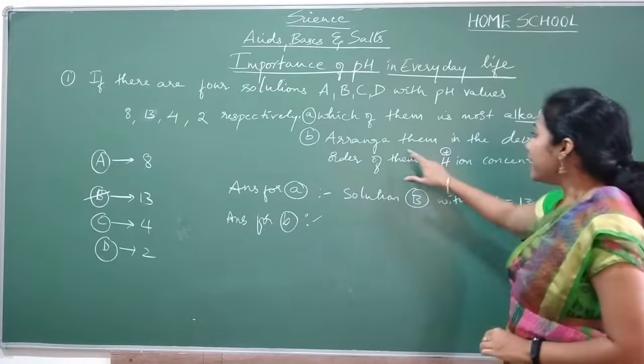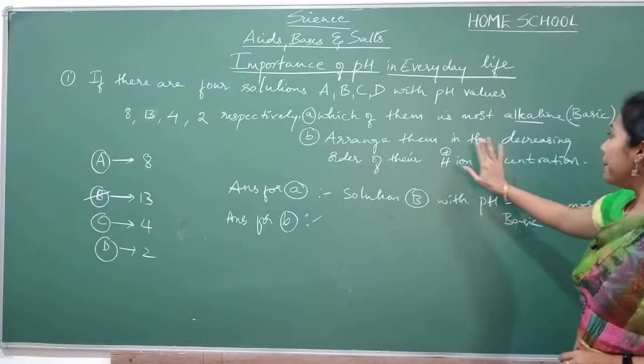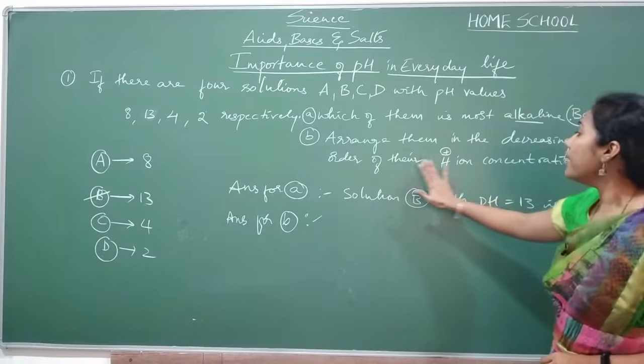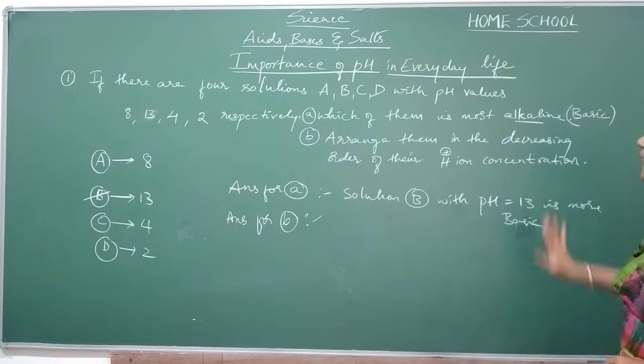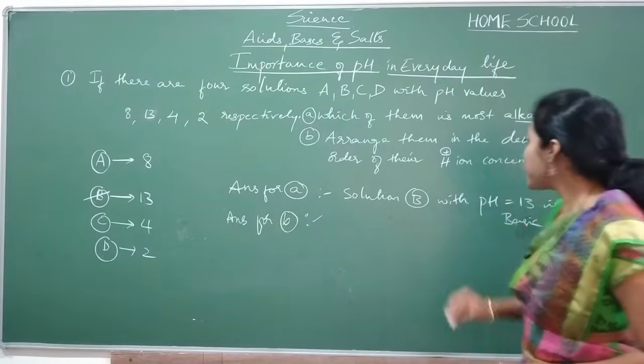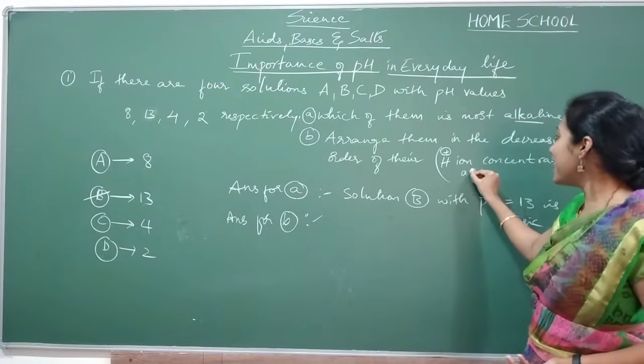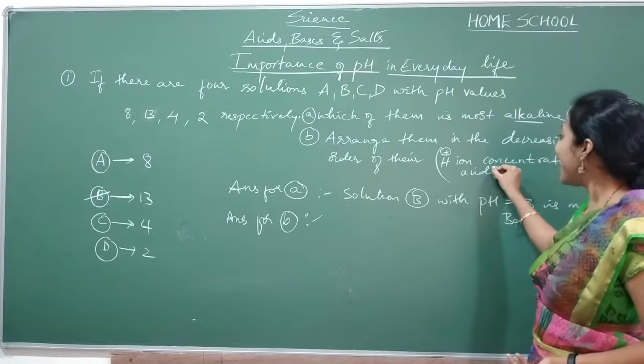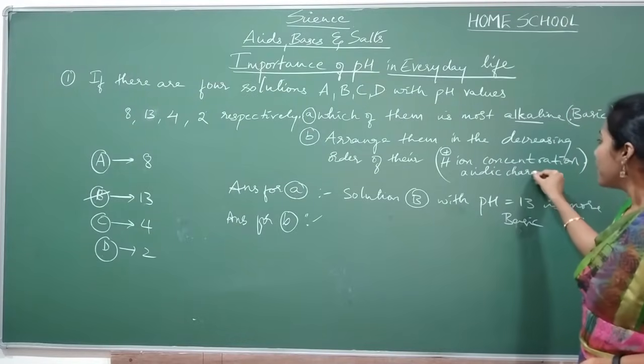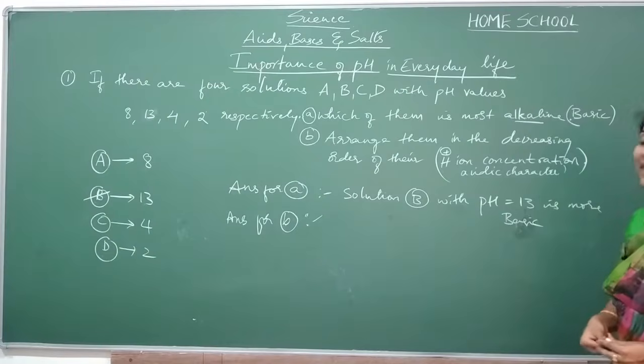Read the question. Arrange them in the decreasing order of their H plus ion concentration. H plus ion concentration means about what they are asking? About acidic character they are asking.